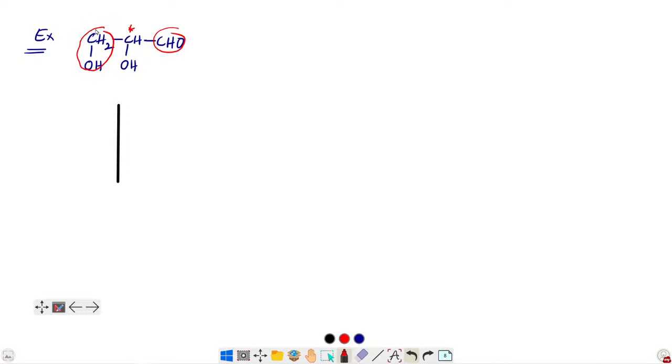Therefore CHO should be at the top and CH2OH at the bottom. And on the horizontal line, the chiral carbon is in the middle, so you can put H on the left side and OH on the right side.